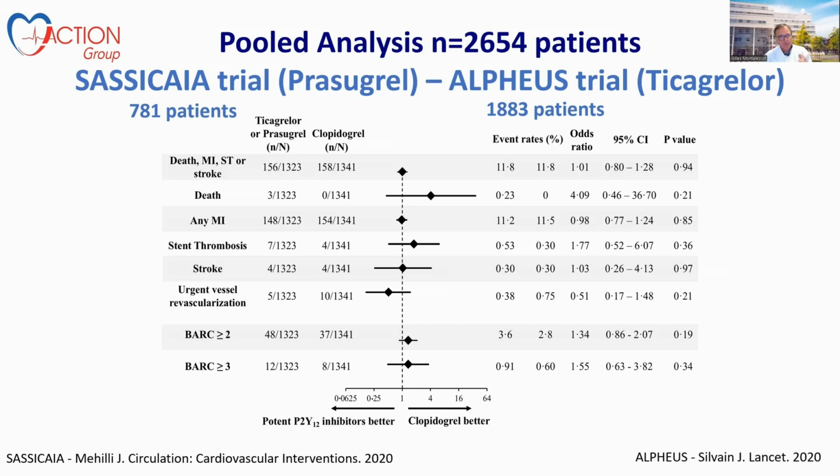And when we pulled all this data together with Ticagrelor or prasugrel, the data were very consistent, and clearly there was no advantage whatsoever of these potent P2Y12 inhibitors compared to clopidogrel for elective PCI performed in stable coronary patients with a chronic coronary syndrome.